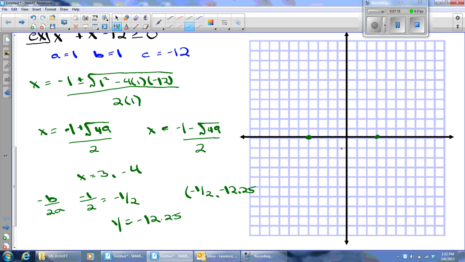Let's go by twos. 2, 4, 6, 8, 10, 12, 14. Okay, so our vertex is going to be around here.